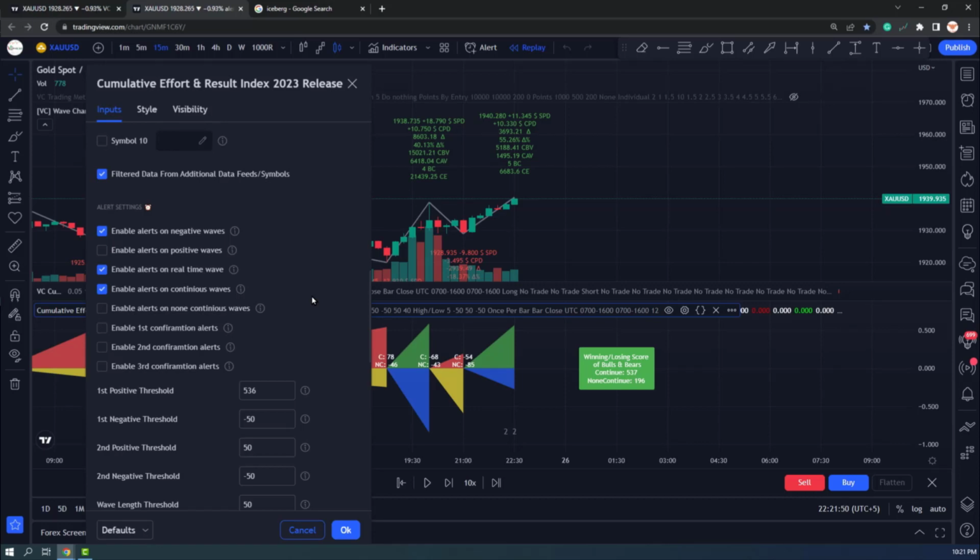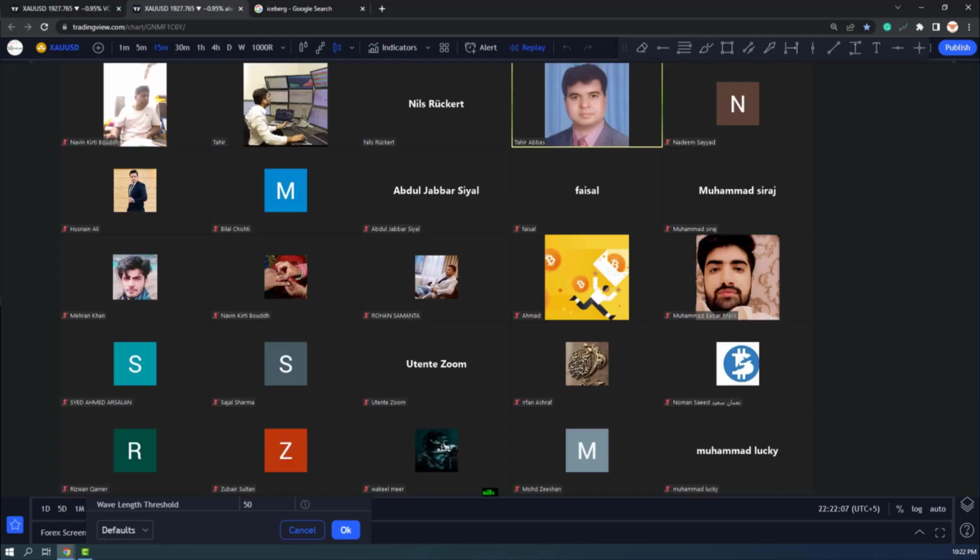Just try to understand the use cases of each built-in input. As per my understanding, if we keep the first positive threshold more than 150 or 200, we will get fewer signals.